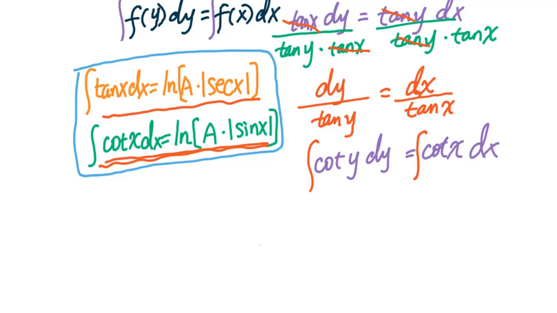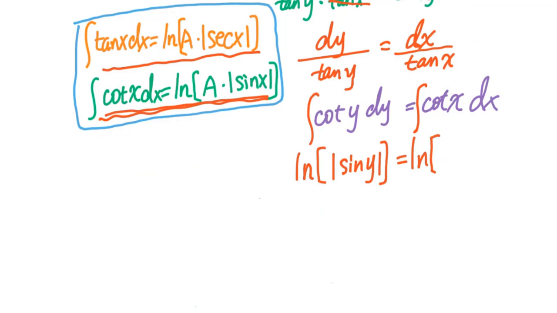You will get natural log absolute value sine y equals natural log a times absolute value of sine x.